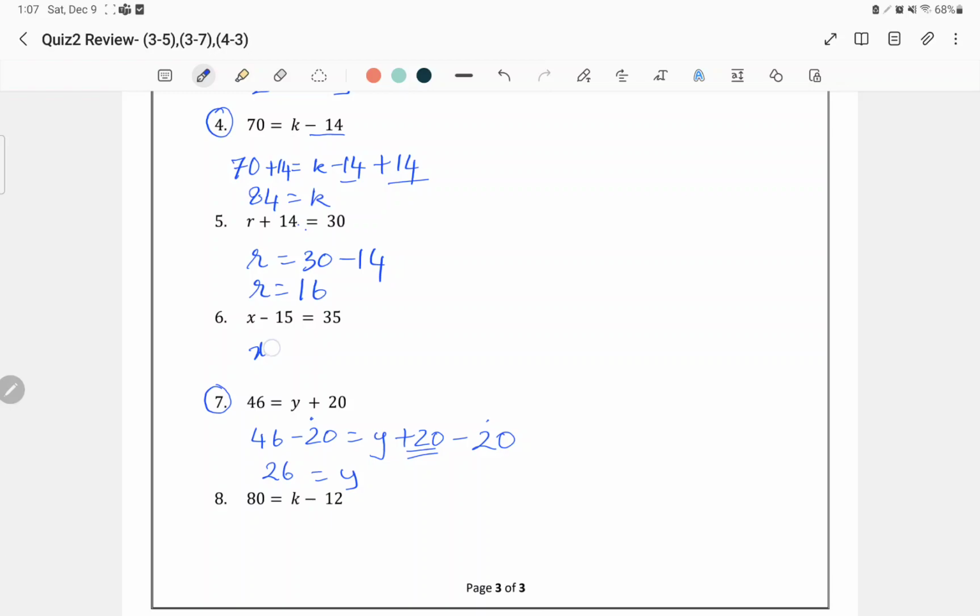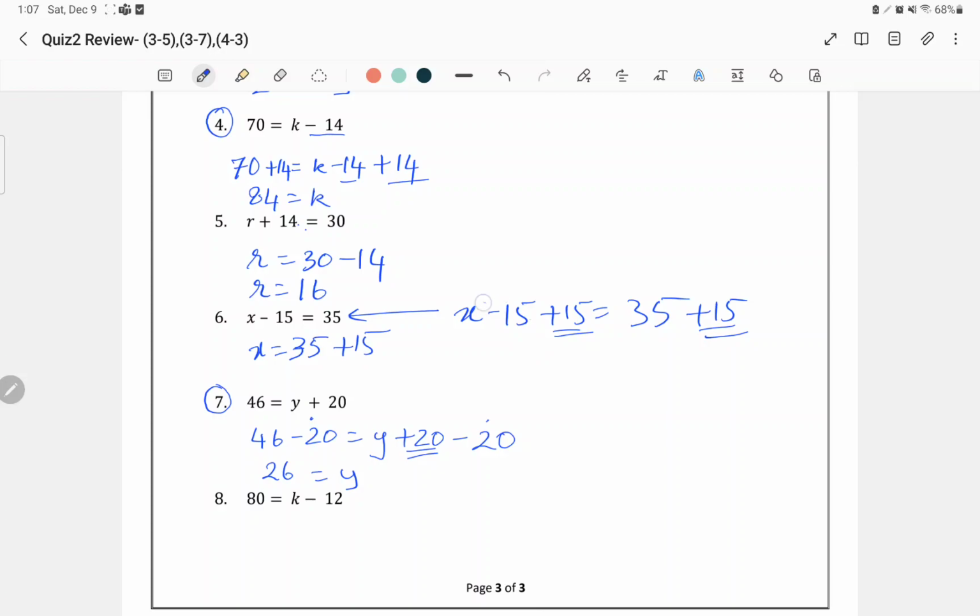Here I have x equals 35 plus 15, correct? Because you had x minus 15 equals 35, which was your question. So I added here 15. Because I added here, I have to add here 15 as well.